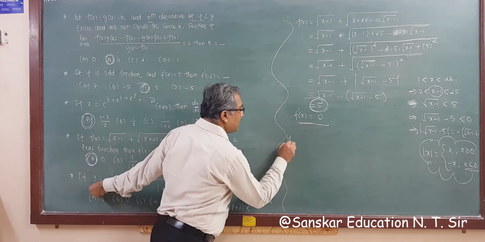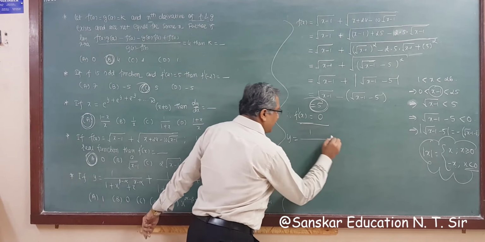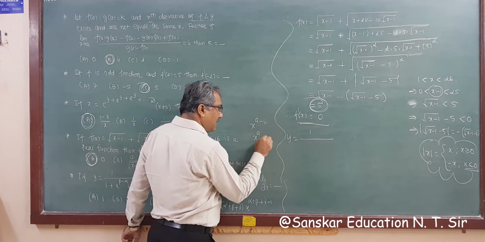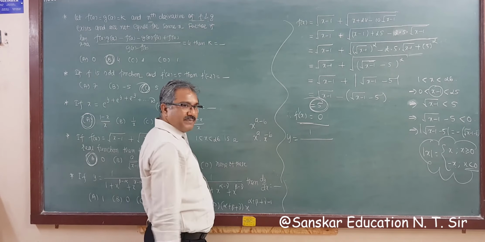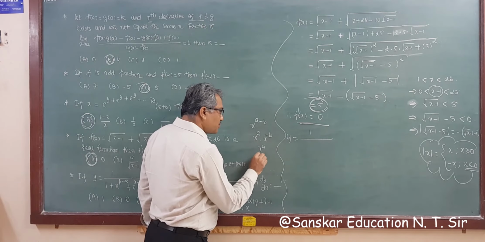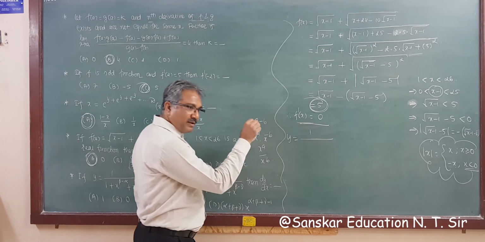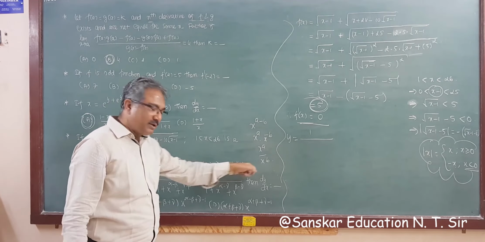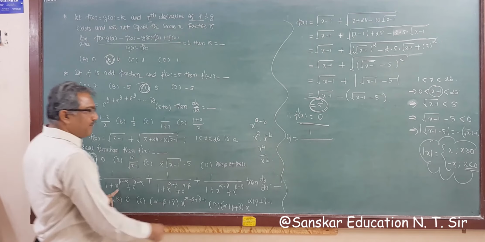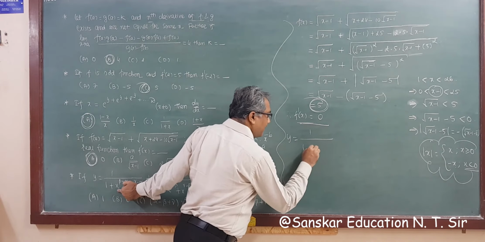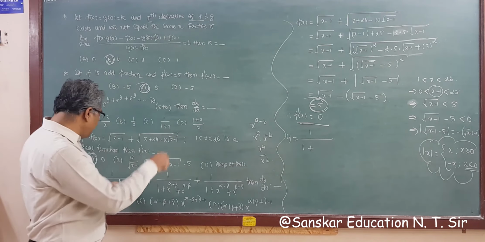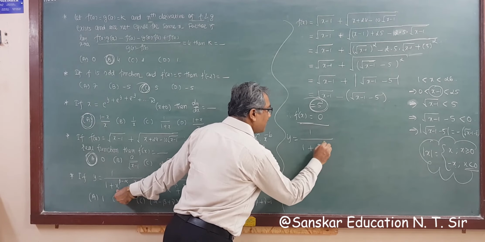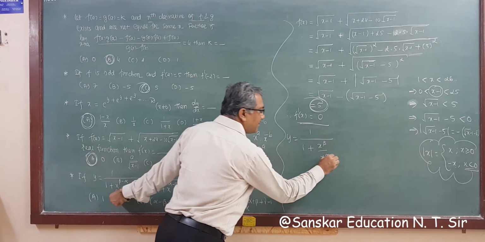See, y is equal to, can I write like this? You know, x raised to a minus b, you write as x raised to a into x raised to minus b, that is x raised to a upon x raised to b. Means same base, the minus power you have to write in the denominator. So similarly this is 1 plus, applying this exponential rule, x raised to beta upon x raised to alpha.